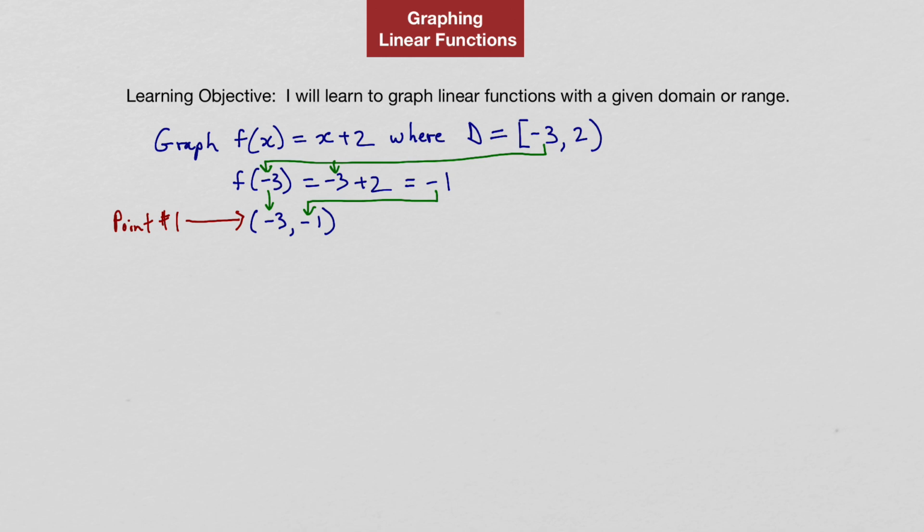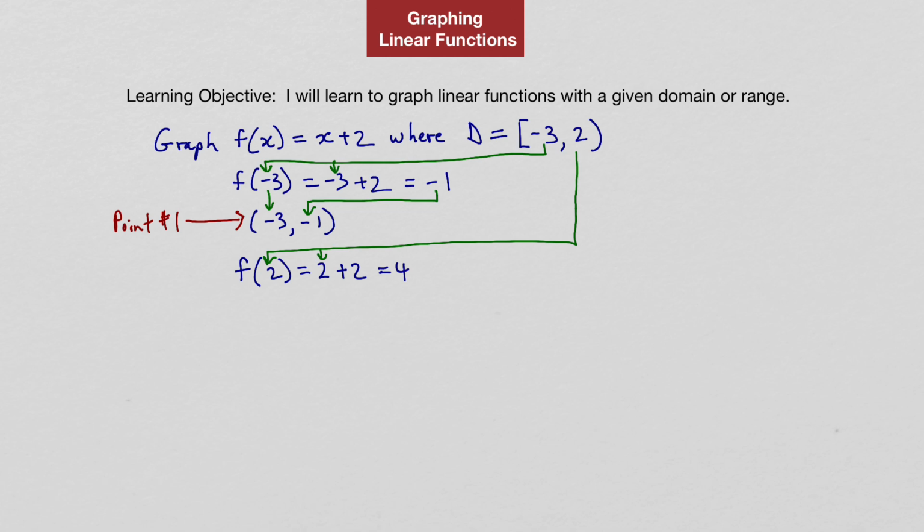Okay, so we're going to do the same thing again, except we're going to use 2 from our domain. And so our equation is going to be f of 2 is equal to 2 plus 2. Okay, so this 2 goes into these two places, and solving for 2 plus 2 is equal to 4.